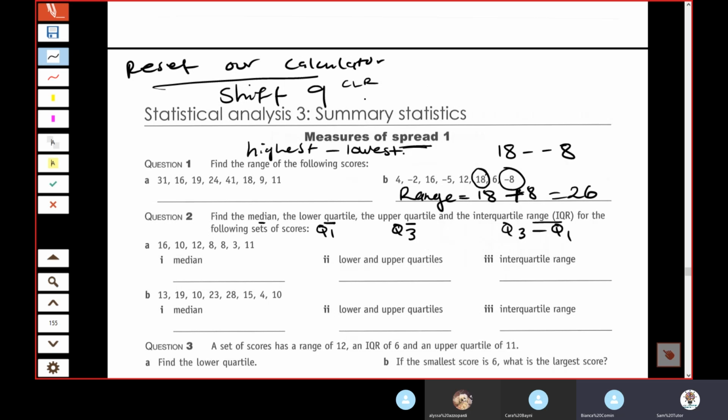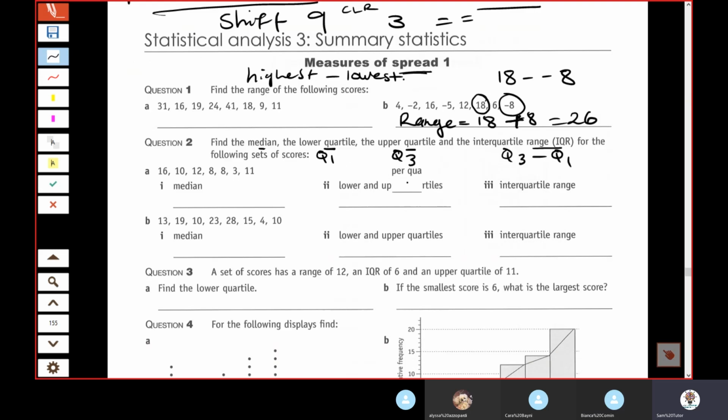You're clearing your calculator. It says what do you want to clear? The setup, the memory, or all of it. Always go for all. 3, and then you just press equals, and then happy days. What you should see on top is it's back to math mode. Are we all back to math?